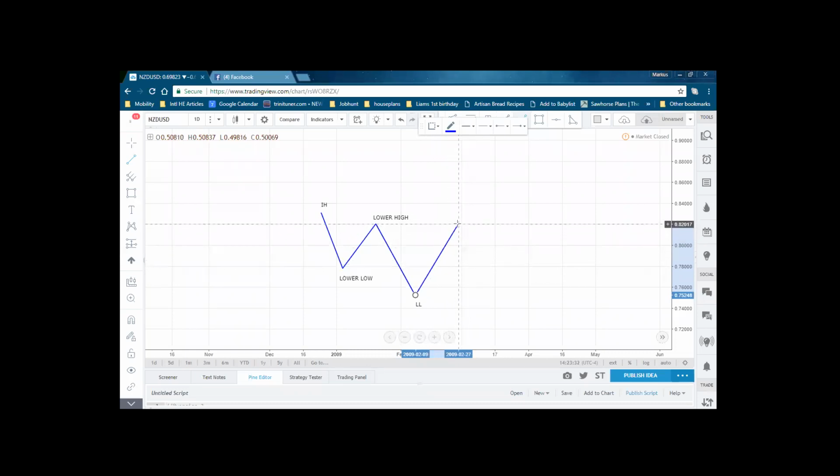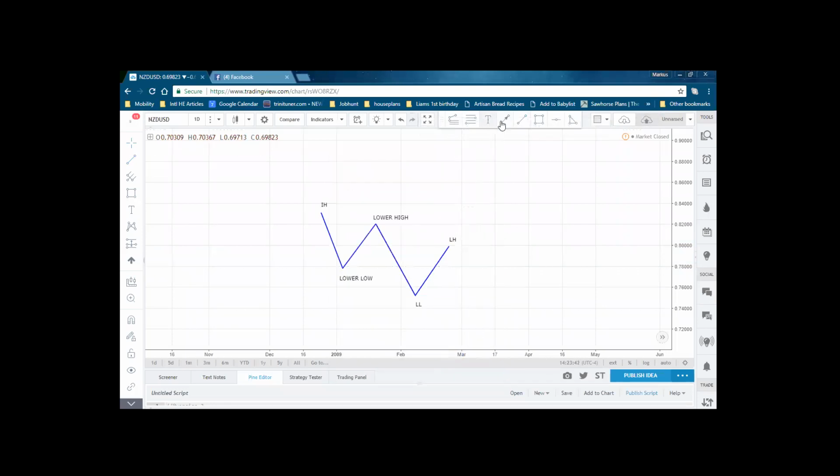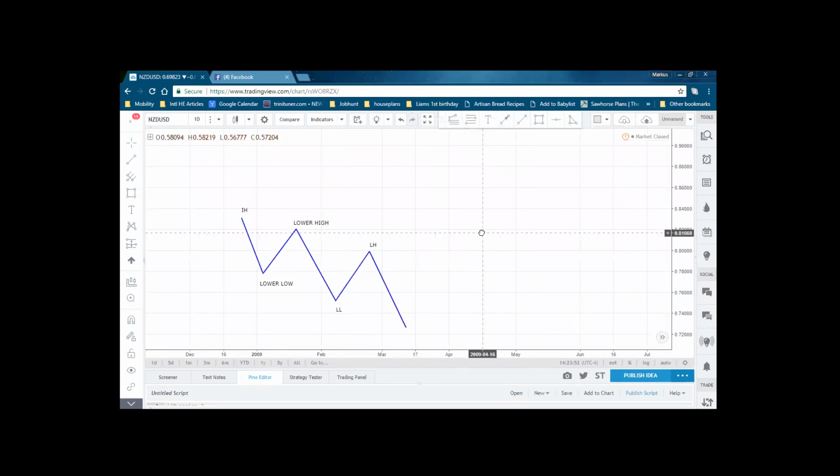But again, it cannot break the previous high. So we have a lower high. And again, to continue the downtrend, price would have to push past the previous low and form a new lower low.